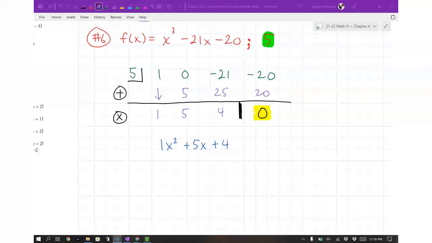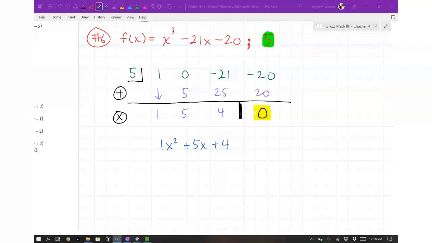They were doing the work and they called me over and I said, what's going on? They're like, I don't know what I did wrong. It was a sign issue. They forgot to change a sign on something, but they knew they had done it wrong because the remainder wasn't 0. So that's a nice check step for you. Okay. That way you don't do all the work and eventually after you spend 10 minutes doing the problem, you're like, oh, I'm wrong. Right? No, you'll know immediately if your first step is correct.